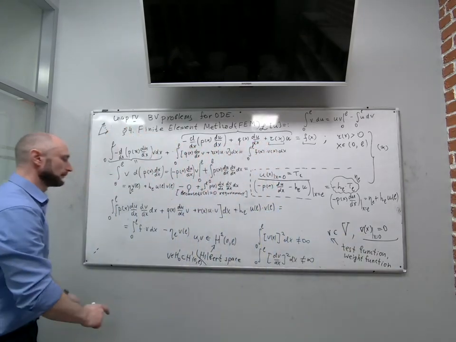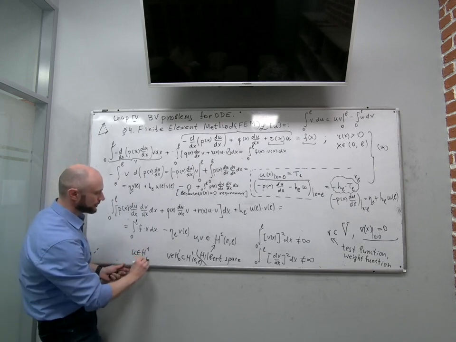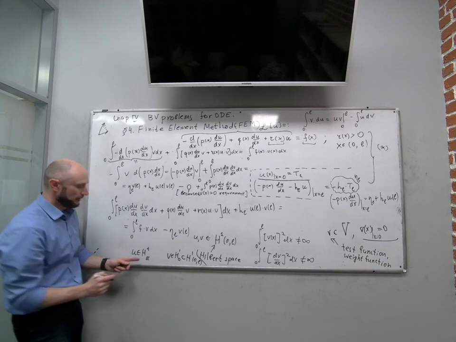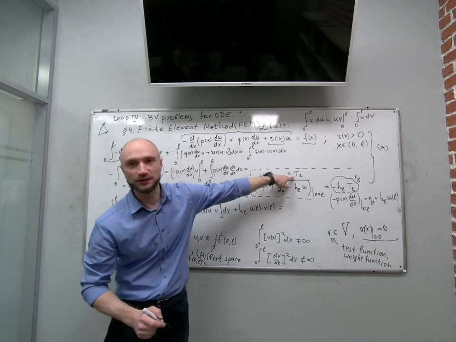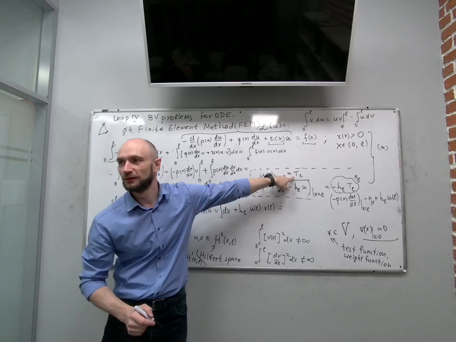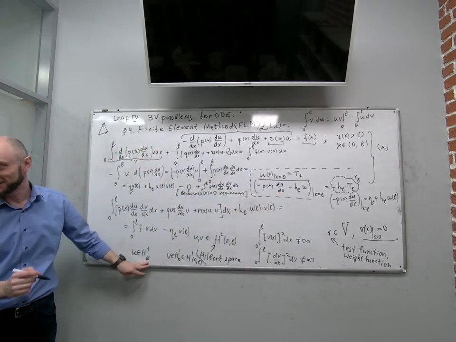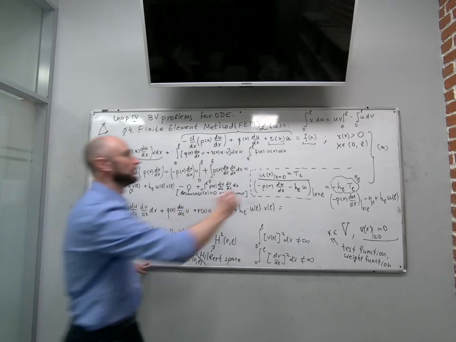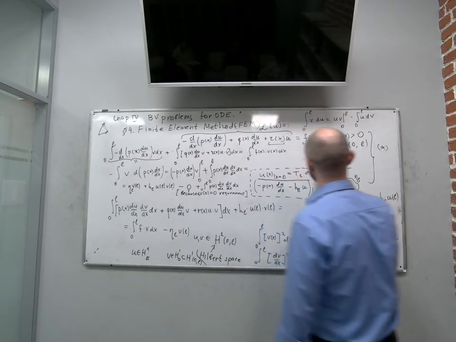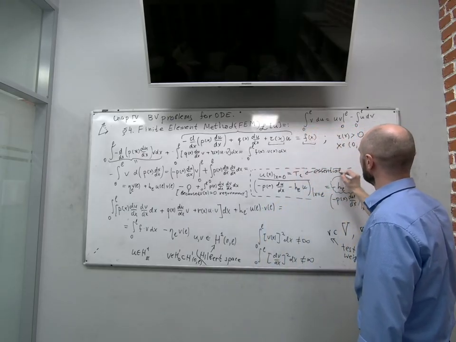Okay? And for convenience, let us also introduce this space. These are functions from this space that satisfy this condition. The letter E here is essential. It is the word essential because people call this boundary condition essential.